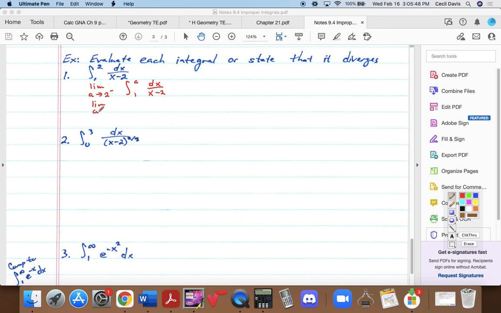So that's going to be the limit as a goes to 2 from the left of, what's the antiderivative of that? The absolute value of x minus 2, from 1 to a. So that'll be the limit as a goes to 2 from the left of the natural log of the absolute value of a minus 2, minus the natural log of the absolute value of 1 minus 2.